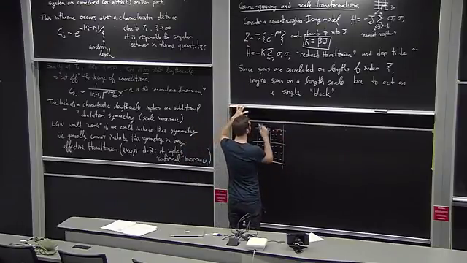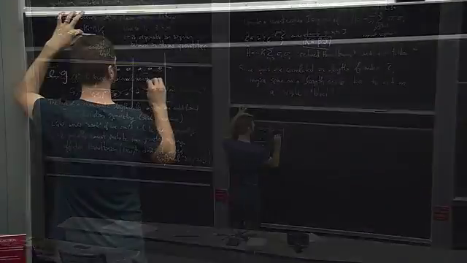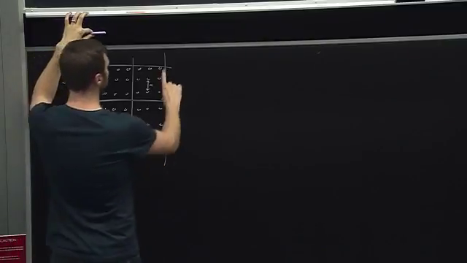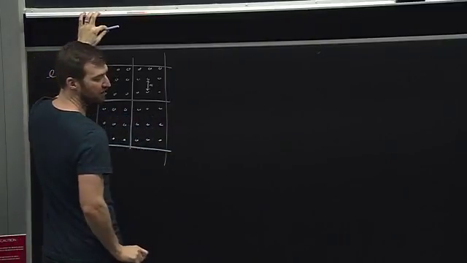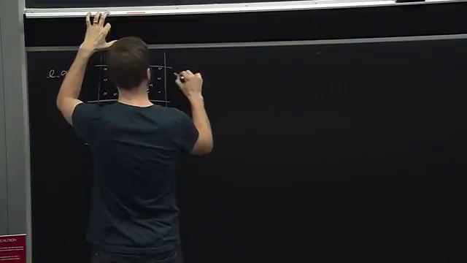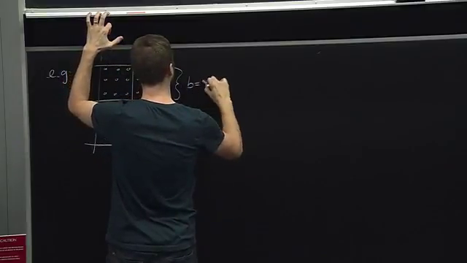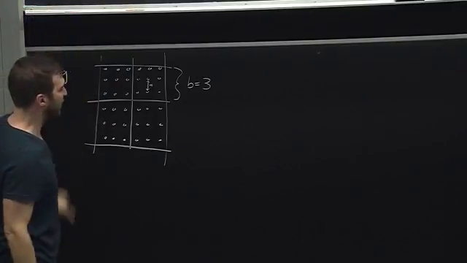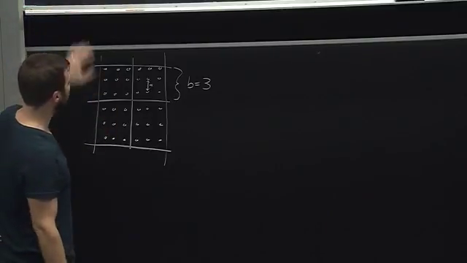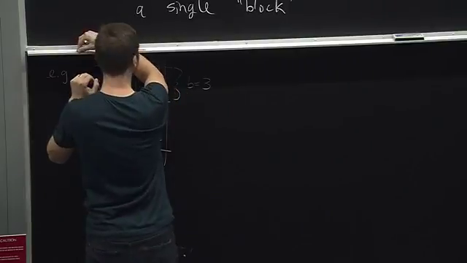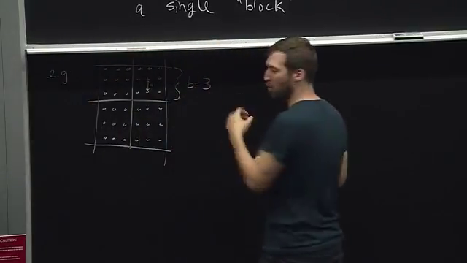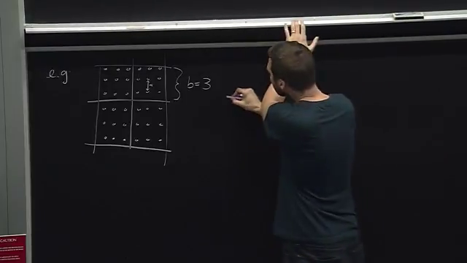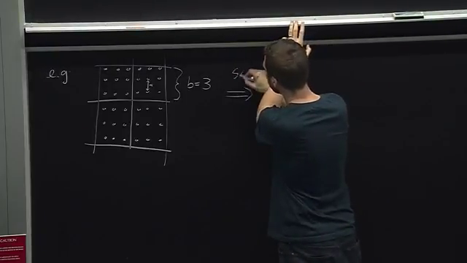So A, and then I would say B is equal to 3, so that BA is equal to this length here. And I would imagine defining somehow a spin for that block, which is like one step of this scale transformation. So just conceptually.